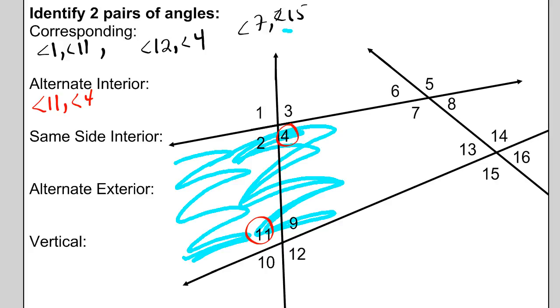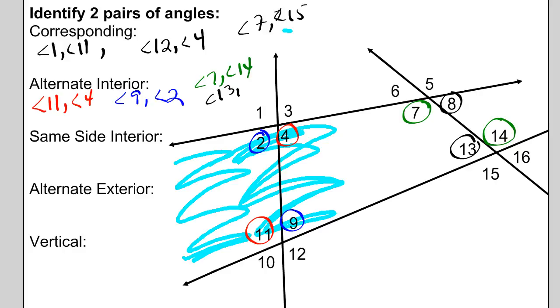And then I've got 9 and 2. And then if I go to my other lines, I've got 7 and 14. And then I've got 13 and 8. Okay.